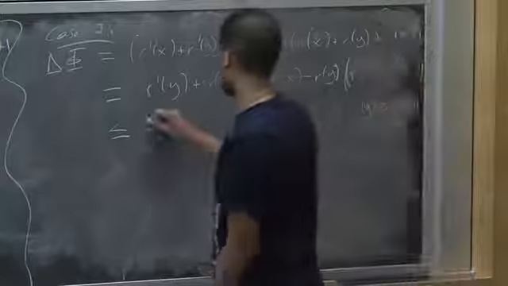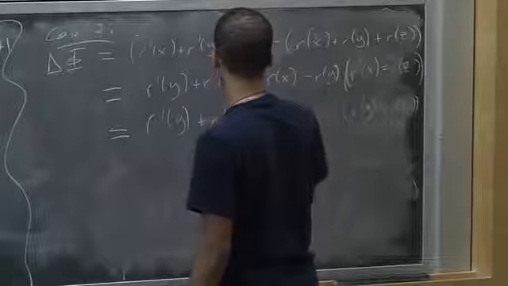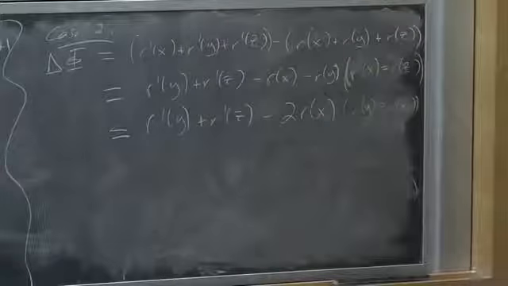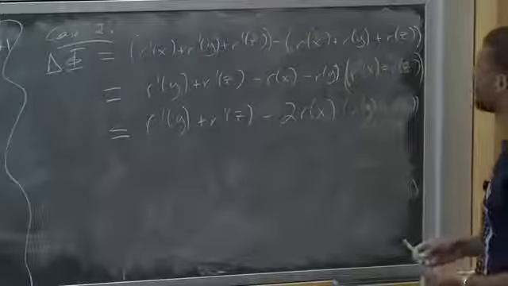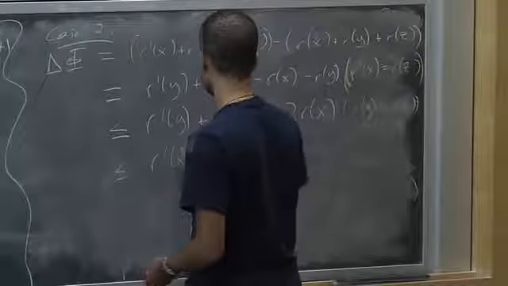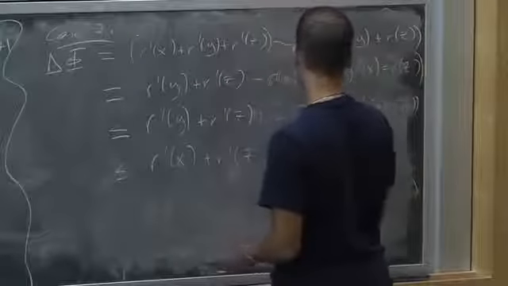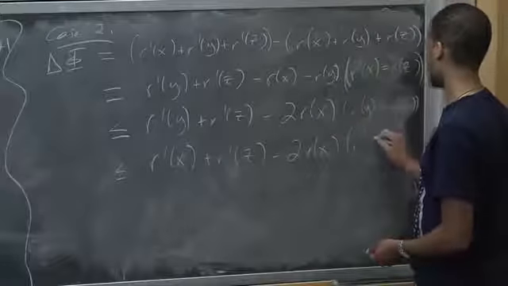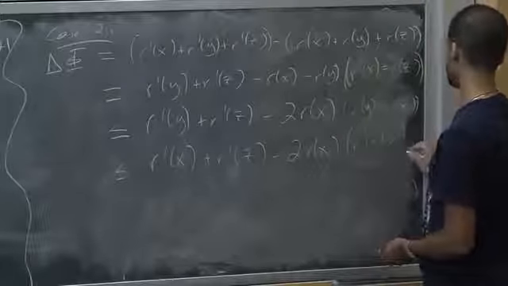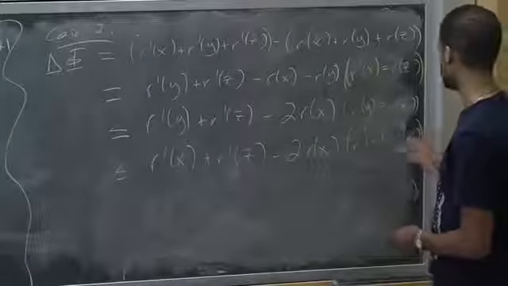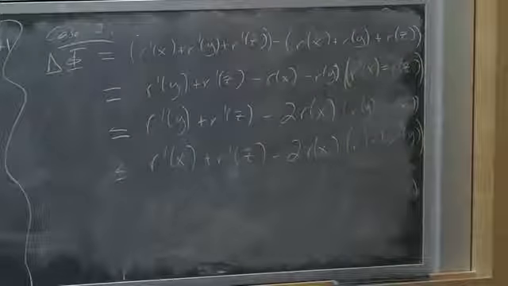So this is at most R prime of y plus R prime of z minus 2R of x. And then I know R prime of y is less than or equal to R prime of x. And then this is less than or equal to R prime of x plus R prime of z minus 2R of x. This is because R prime of x is greater than or equal to R prime of y.